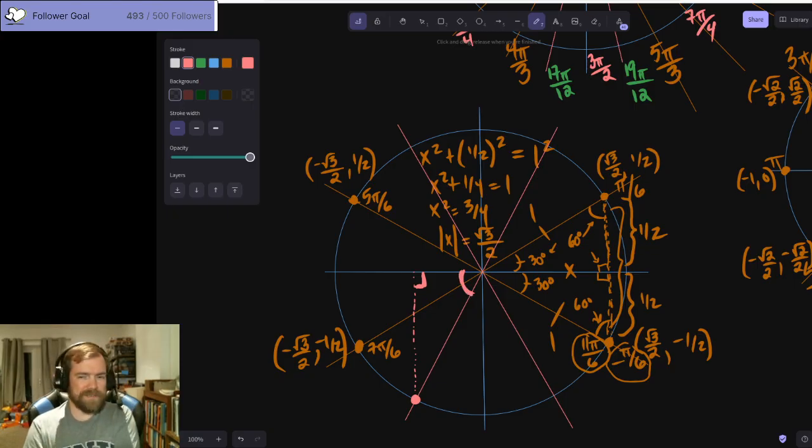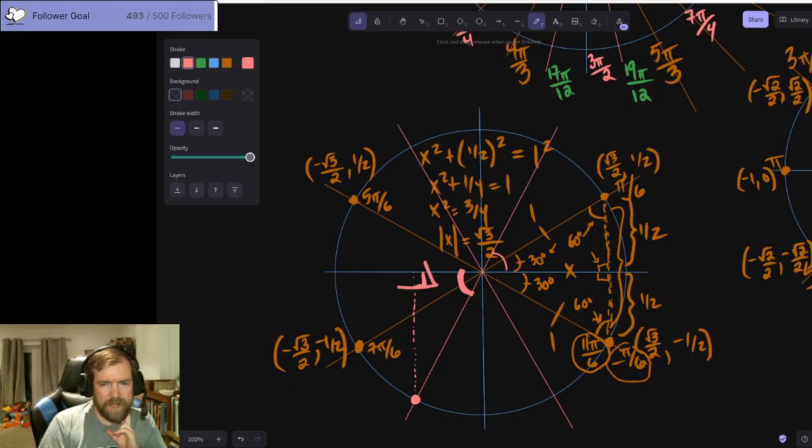What angle is this? These are all of our pi on 3, right? So this is the same as that angle here. Not this one here, this one here. So this internal angle to the triangle is pi on 3 in the default position, right?